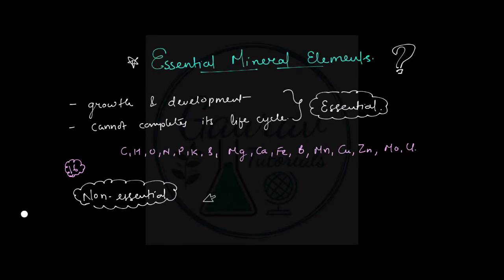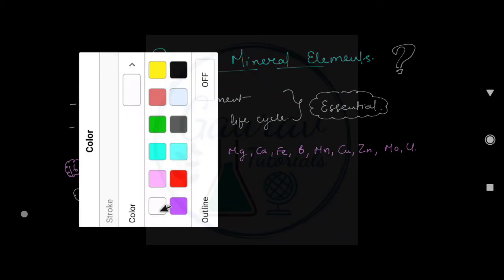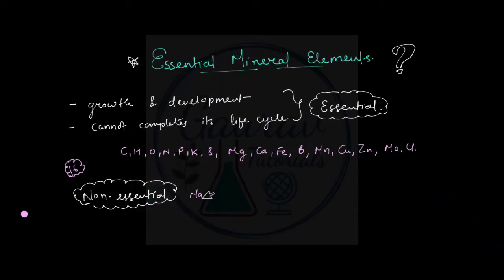Since they are not readily utilized, we refer to them as non-essential. Examples include sodium, silicon, aluminium, selenium, strontium, and vanadium. So we can categorize these mineral elements into two groups: the essential ones and the non-essential ones. The essential ones are directly involved in growth and development, whereas the non-essential elements are only present there.